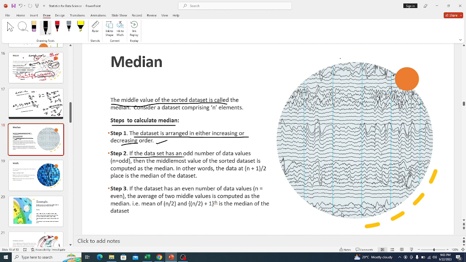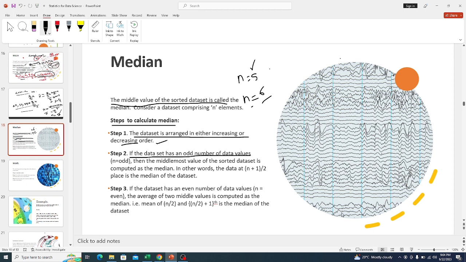If the data set has an odd number of values, that is n is odd, like in our first illustration where n was 5, and our second n was 6. If n is odd, you take the middle value.